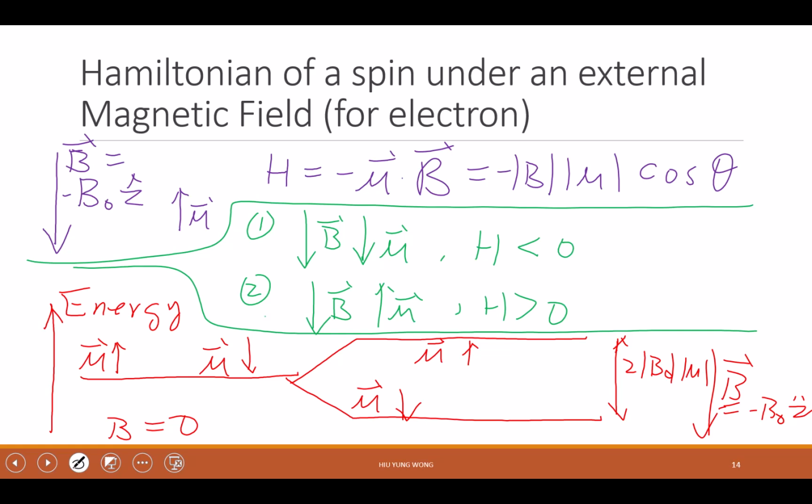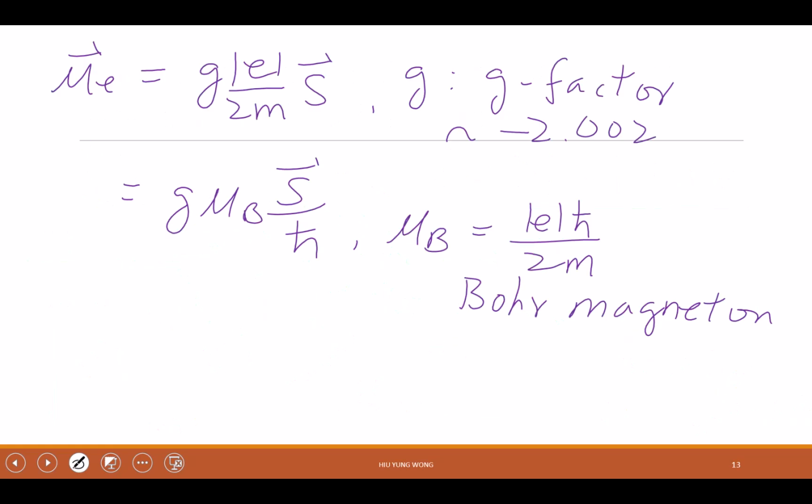Now here is the confusing part I have not told you. Let's look at this equation. The magnetic moment is proportional to the angular momentum, but g is negative. So if the magnetic moment points up, the angular momentum must be pointing down.